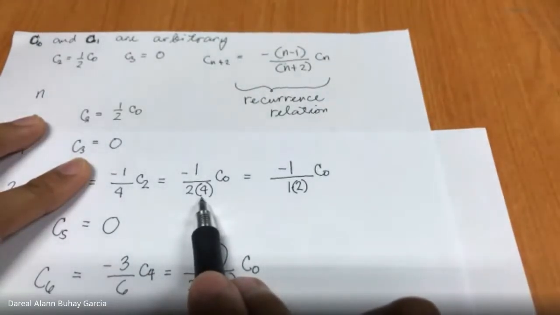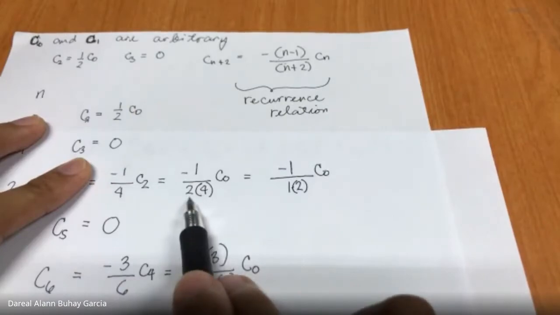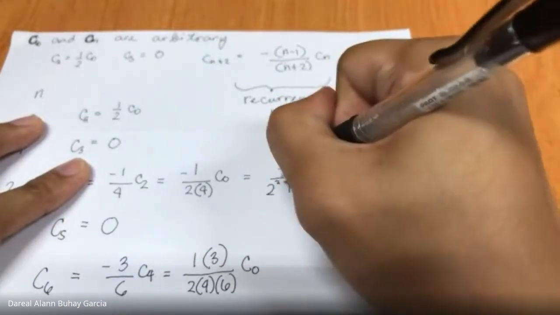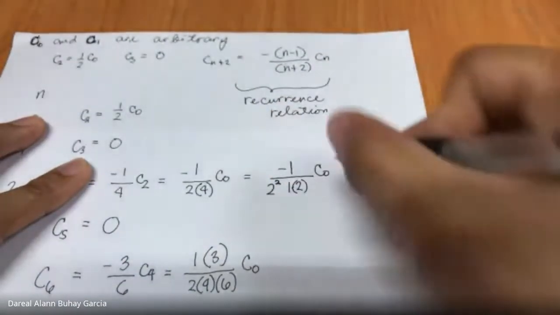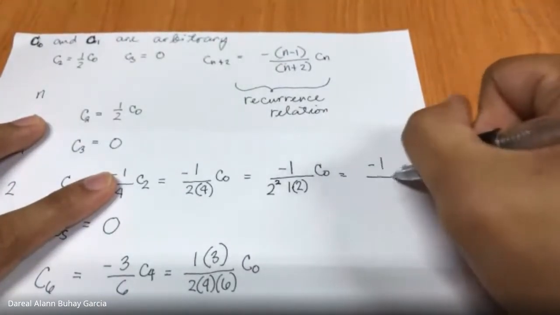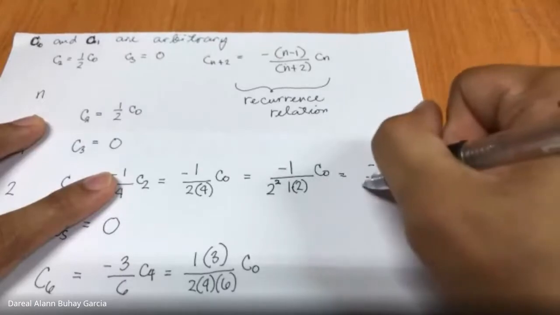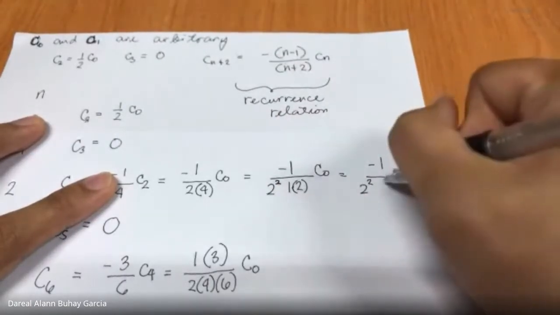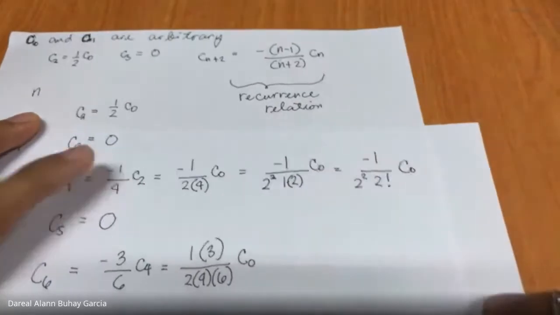So how many 2s do we factor out? Two, right? So 2 squared. Or this could be simplified as negative 1 all over 2 squared. This is 2 factorial. Okay.